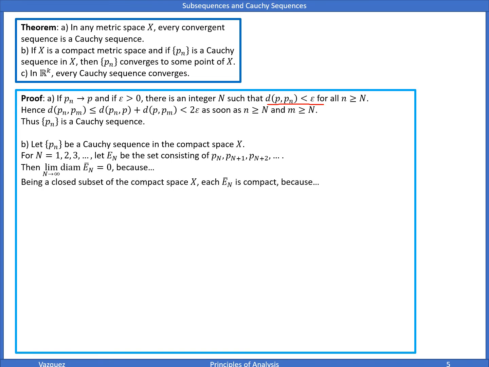Being a closed subset of a compact space X, each E sub n is compact, because of another theorem we saw. If you can't remember that theorem, it states that closed subsets of compact sets are compact.